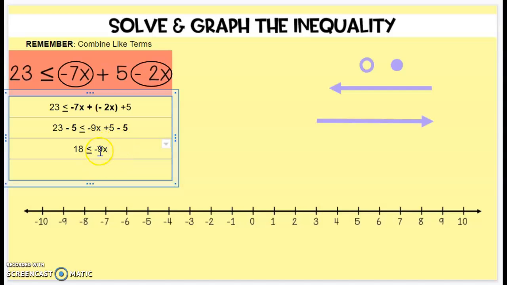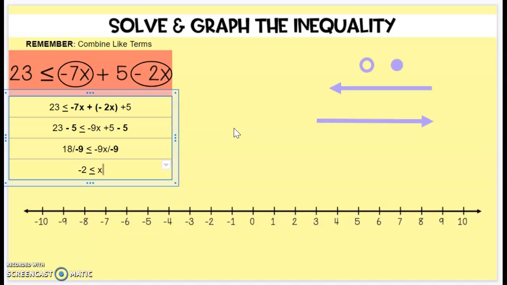So I have negative 9 multiplying with my x, so I am going to divide by negative 9, and I'm going to do that on both sides. You need to make sure that that negative sign follows your number. So now I have 18 divided by negative 9 is negative 2, is less than or equal to x.